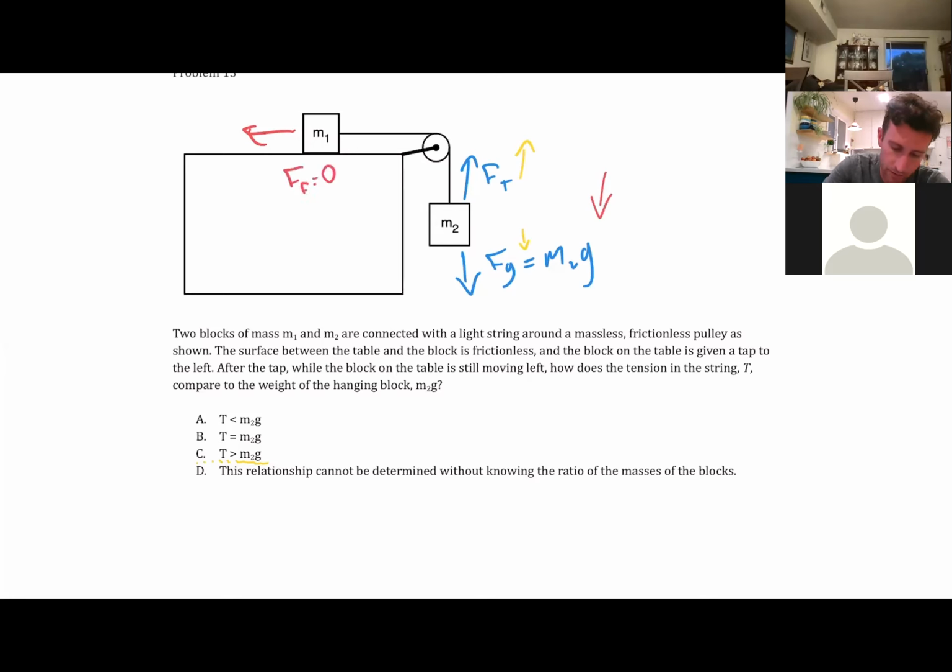F sub F equals 0. But the tension force would be equal to M1 plus M2, because it has to pull both of them, right? Times G. I've got myself all tied in knots now.